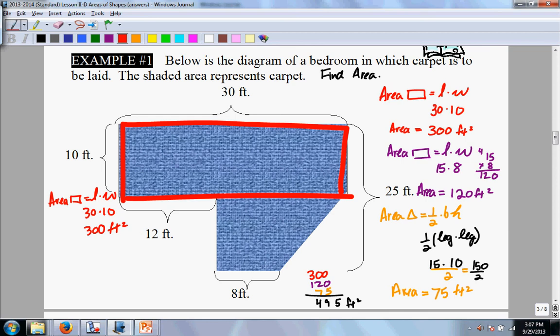Now this other shape, if you look very carefully, you think it looks like a rectangle and a triangle, but take a look. We have 2 parallel bases, 1, 2. This is actually a trapezoid. Here's our base 1, and here's our base 2.